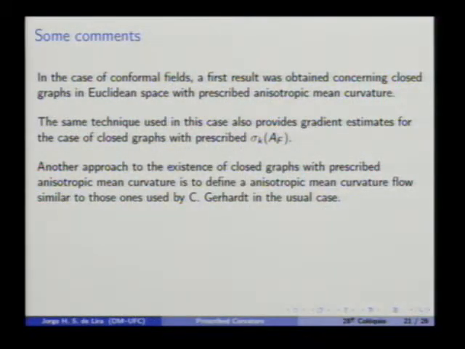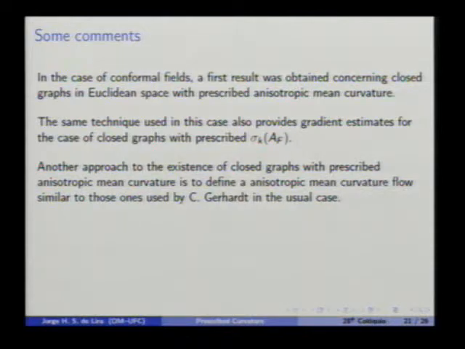I would like to also mention that these results for closed graphs, in particular for compact graphs, could also be obtained by using a parabolic method. You just design a flow which is given by the evolution of hypersurfaces with a speed given by the difference between the anisotropic mean curvature and the prescribed function.